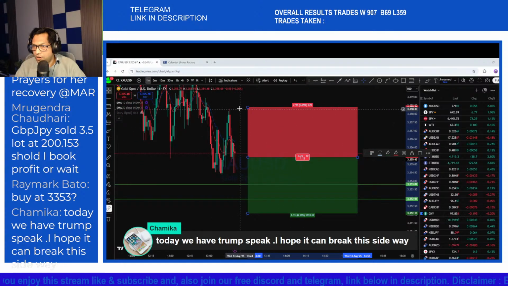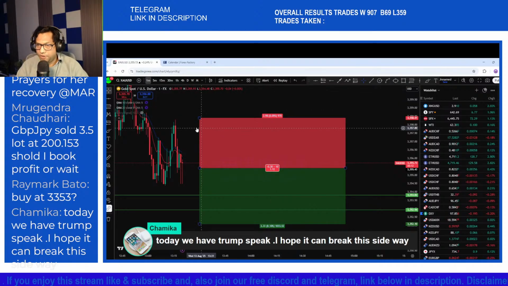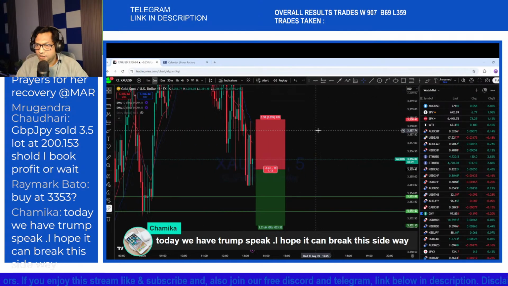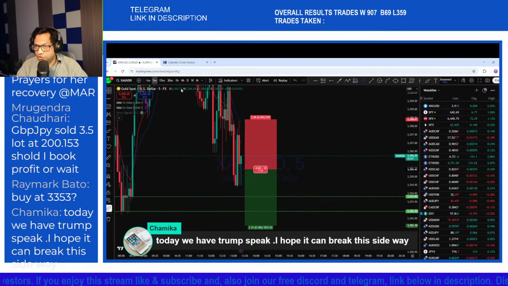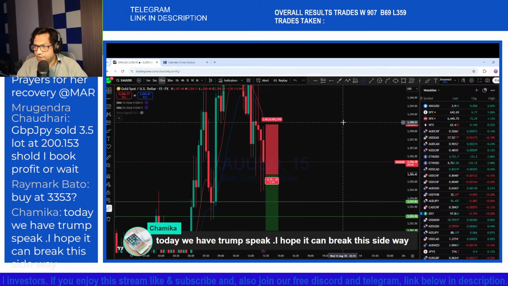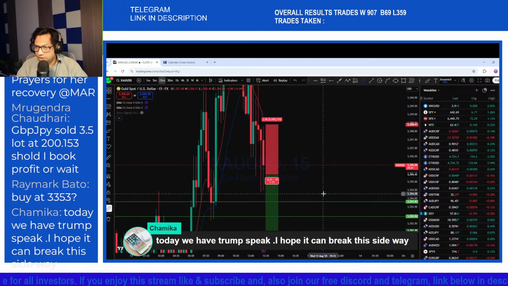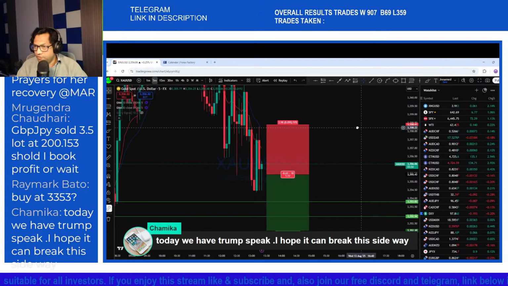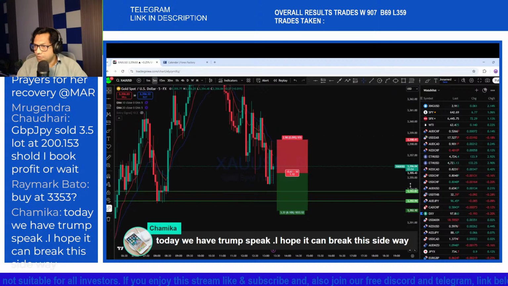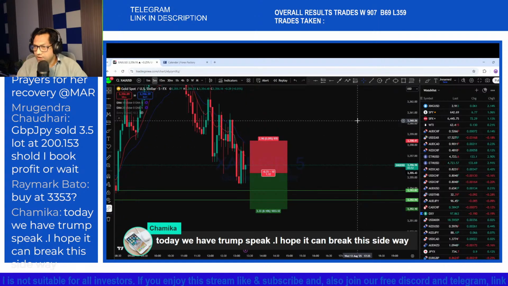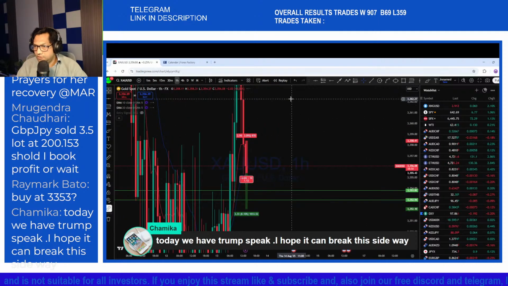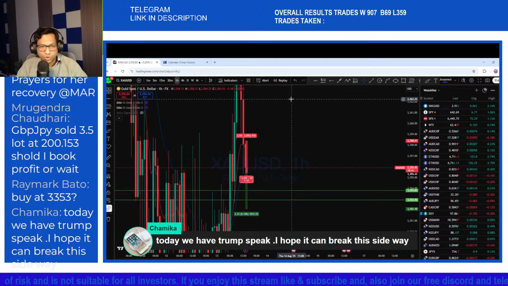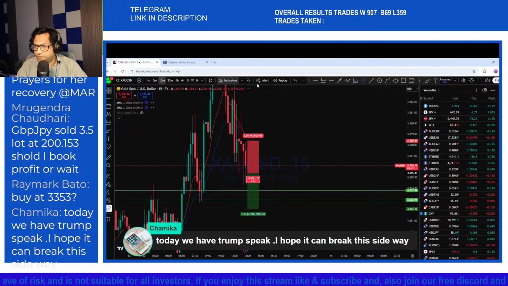Possibility for a drop here, and at the same time we see there is a possible rejection also possible in this market. From the 15 minutes we can see that there is a potential support test here in this market. From the 5 minutes you can see there is a bearish engulfer, and a 1 hour 20 EMA retest here.